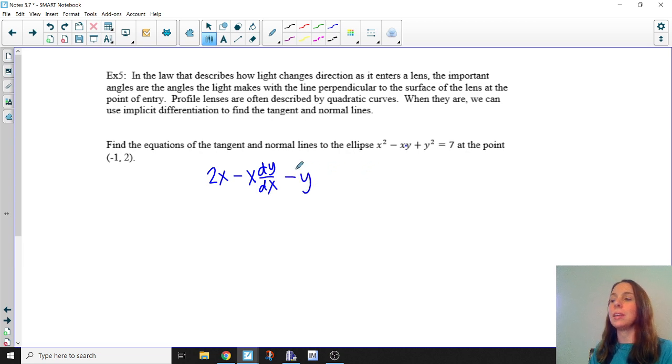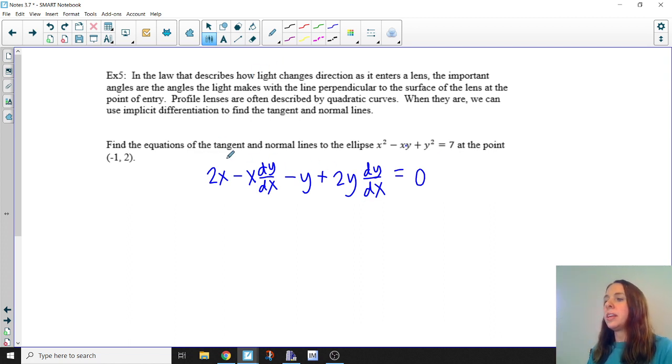Okay, is what I'm trying to say here. This is 1d2 plus 2d1. That minus is the derivative of -x, which is -1. Plus not y squared anymore, right? We want the derivative of y squared, which is 2y, dy over dx. And the derivative of the other side of the equation is 0.